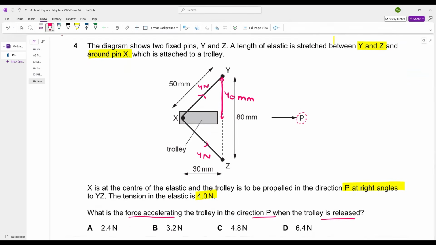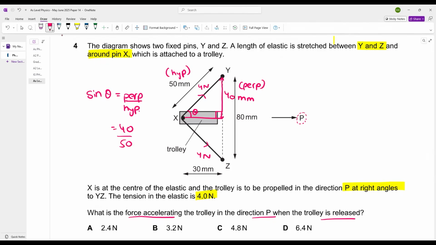This is 50 millimeter. Can you calculate the angle theta here? Can you realize that this is a right angle triangle? This is your perpendicular. This is your hypotenuse. Yes. How will you do that? Sine of theta is equals to perpendicular over hypotenuse. Perpendicular क्या है बच्चे? 40.